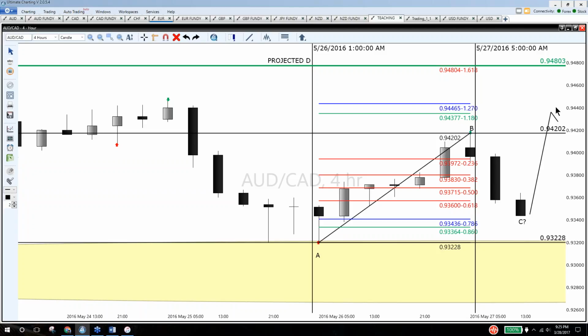That would be absolutely incorrect, right? So the AB boundary will not change unless the market retraces all the way down to take out the A or the D extension is fulfilled. Is that clear?